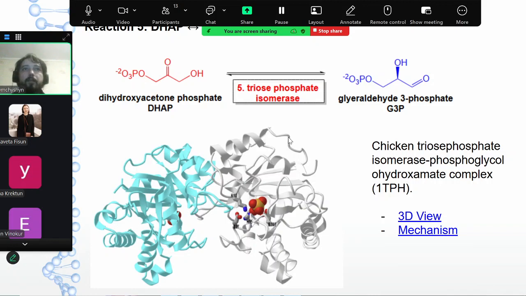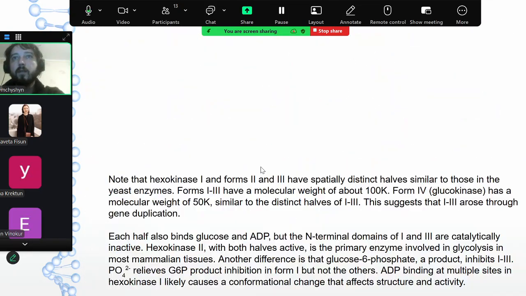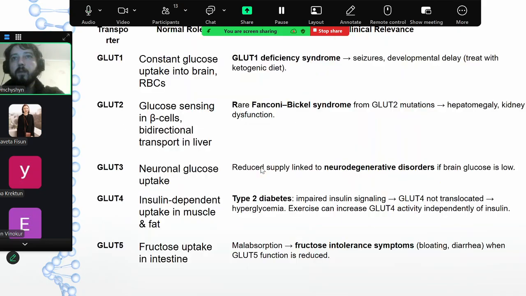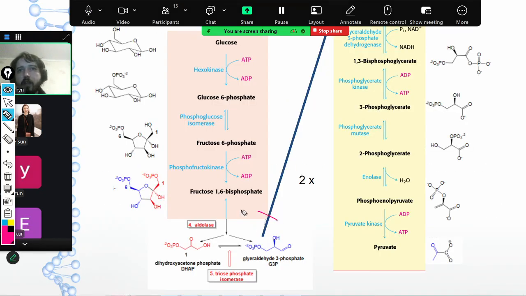Any ideas? Okay, let me show you the big picture that we had at the beginning. Here it is. So this is the step we are on now. Why do you think we need that?